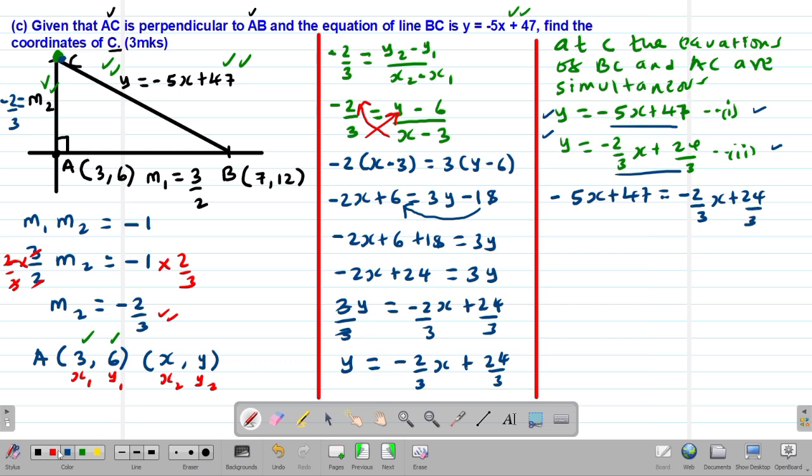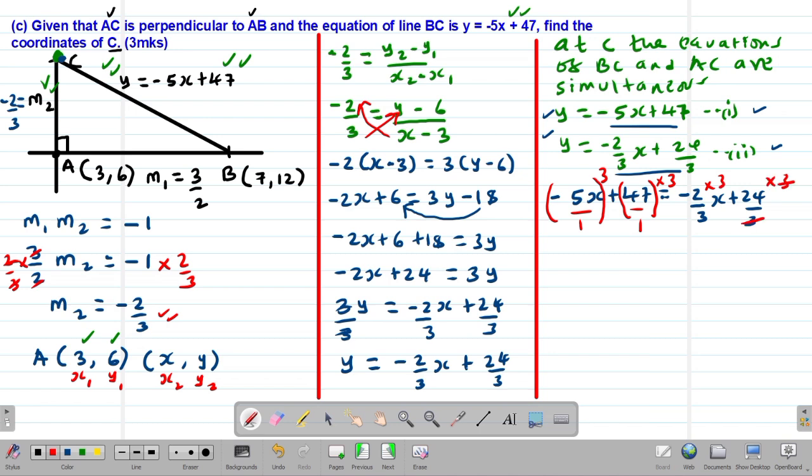Then to make my work easier, I'll multiply through with the LCM, which is 3. I can let this be over 1. So I multiply this one by 3, and this one also by 3.